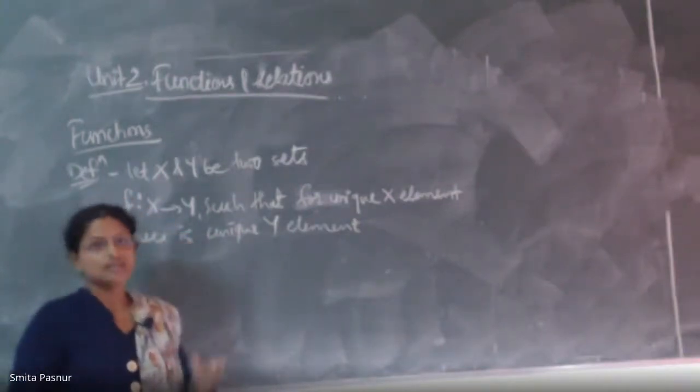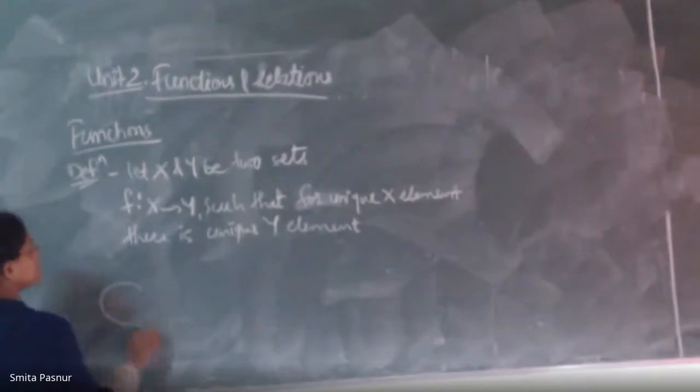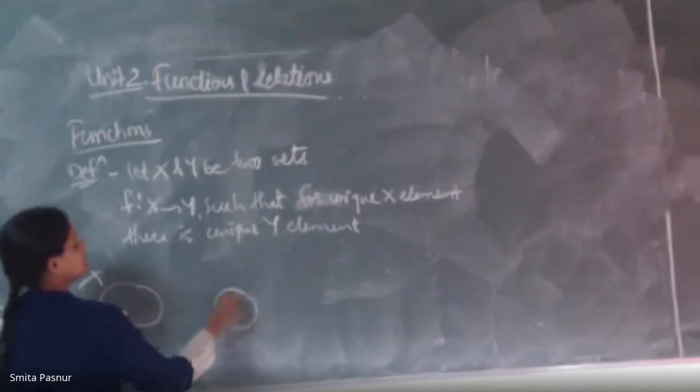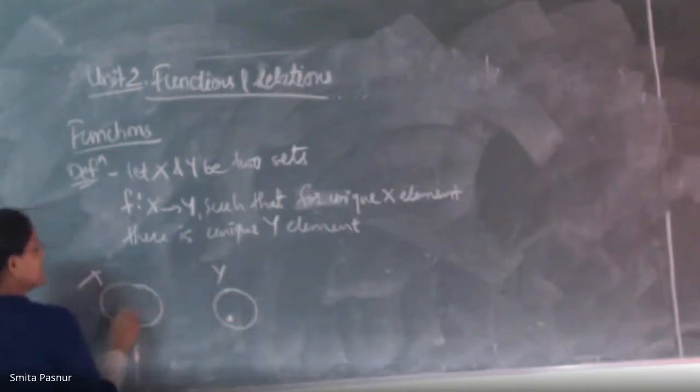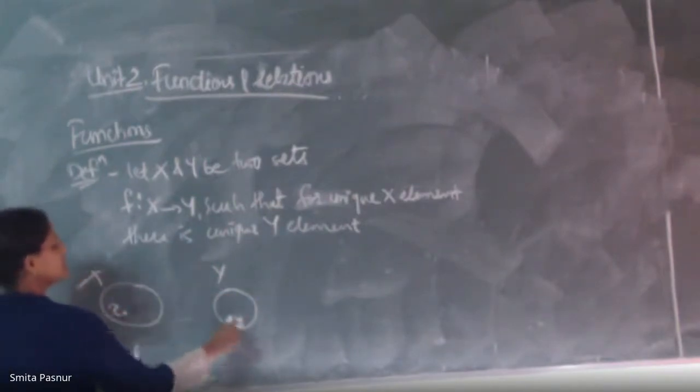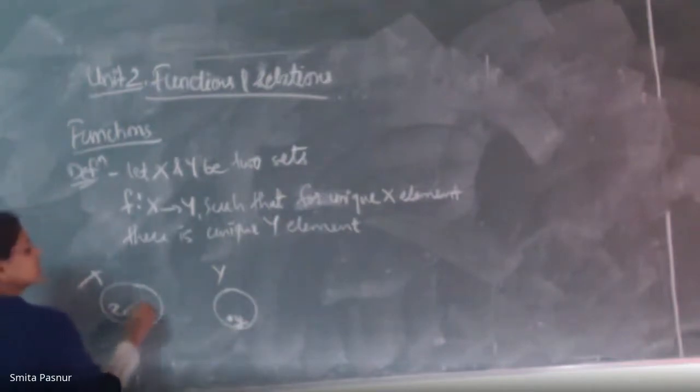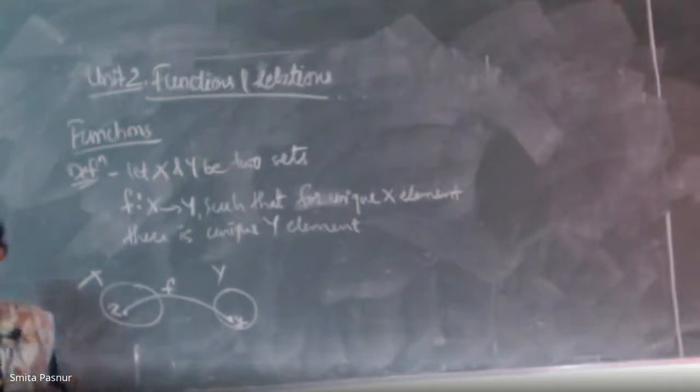Is that clear? So see, suppose this is set x, this is set y. Here is some small x element, here is some small y element. So there exists a relation, that is, a function f, shown like this.